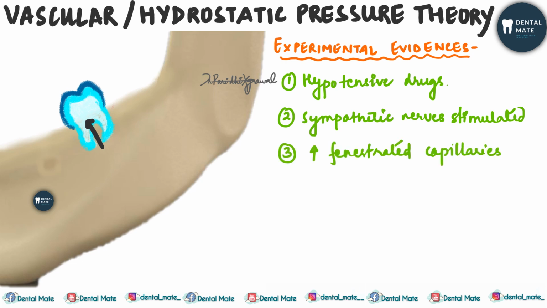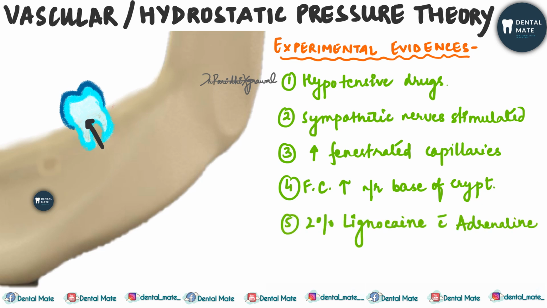If there is a greater amount of fenestrated capillaries, then the eruption rate is increased. Along with that, if there is more distribution of fenestrated capillaries near the base of the crypt than the alveolar crest, then there was a more intensive, increased rate of eruption of the tooth. 2% lignocaine with adrenaline over the roots of the erupting teeth in the prefunctional phase of eruption caused an increase in the eruption.